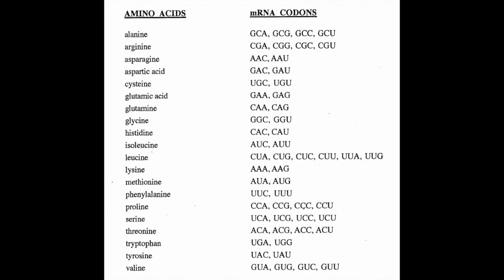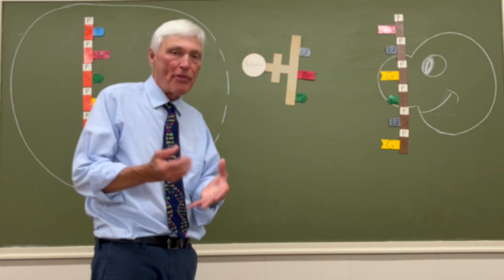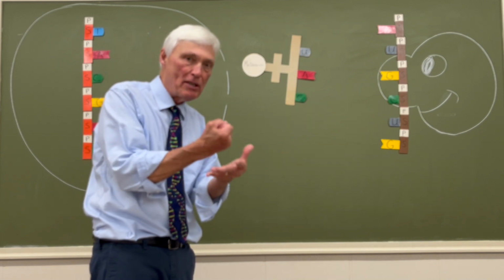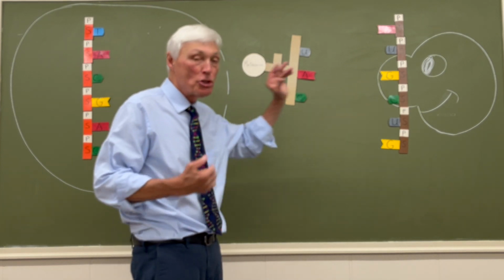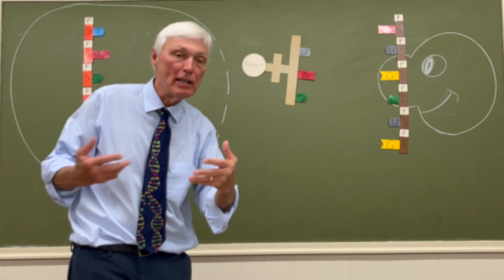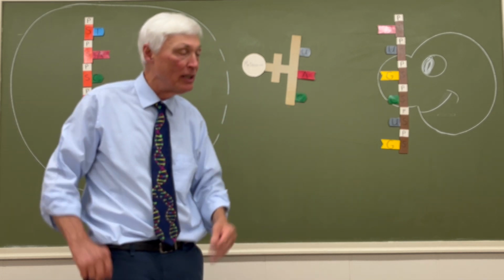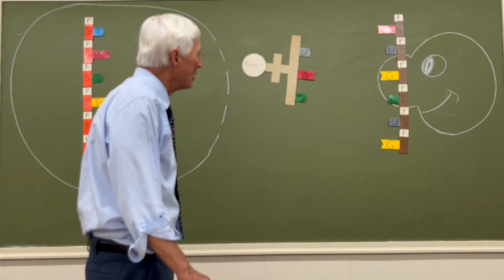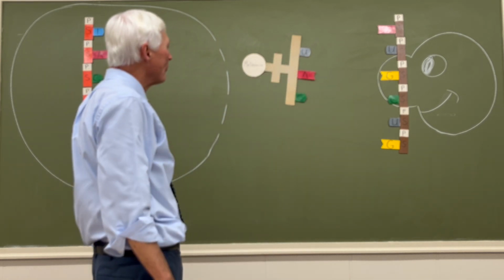You are right, methionine. I hope you said methionine. That tells the ribosome that methionine is going to be the first amino acid in this long chain of amino acids that the ribosome is going to build, this long chain of amino acids that's going to be called a protein. So let's go back to the chalkboard here.